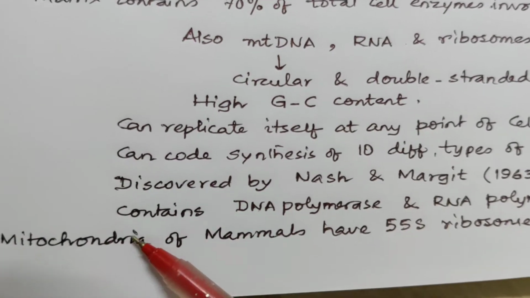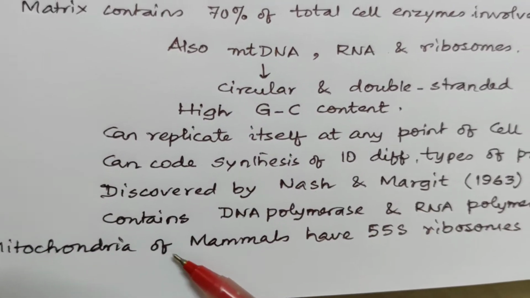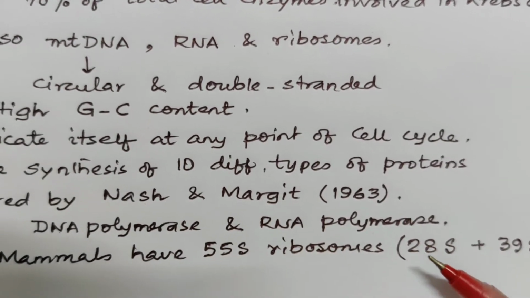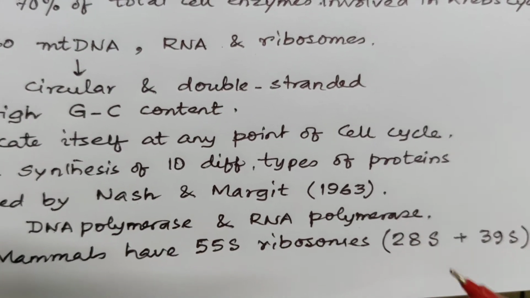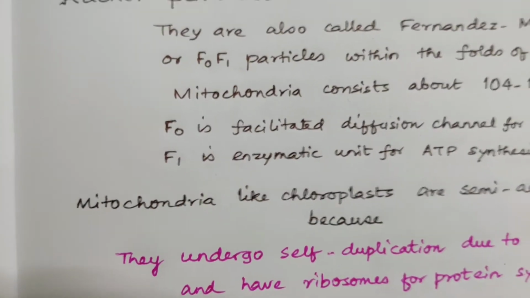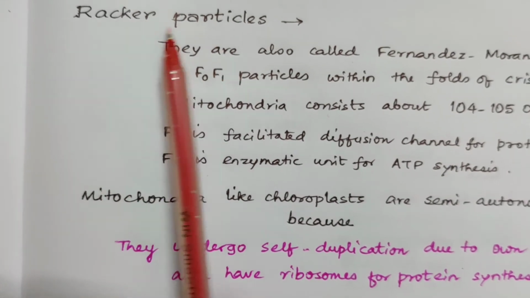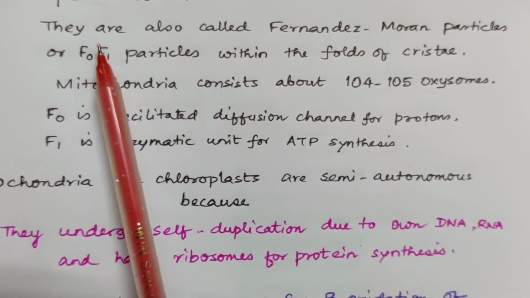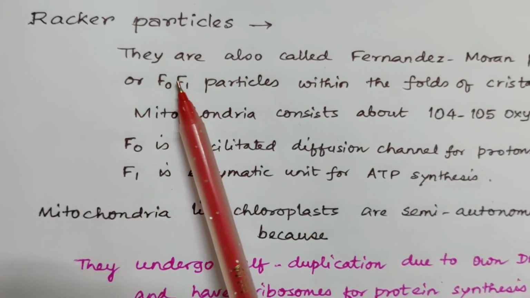So now we come to that point. Mitochondria of mammals have 55S ribosomes, with a smaller subunit of 28S and a larger subunit of 39S. The Racker particles: what are Racker particles? The subunits of Fernandez-Moran are also known as Racker particles.